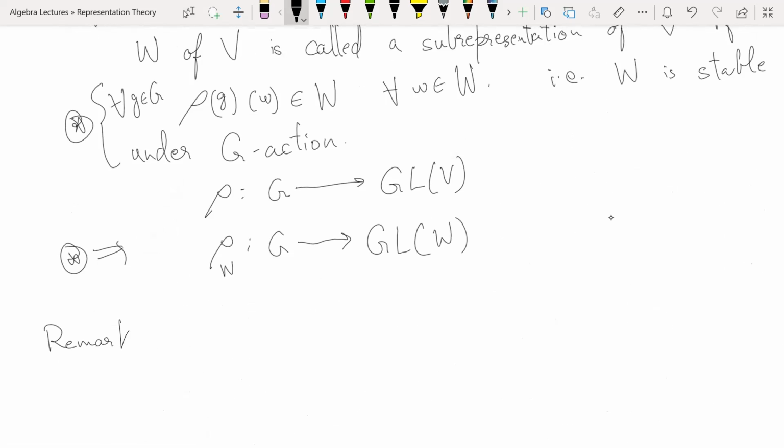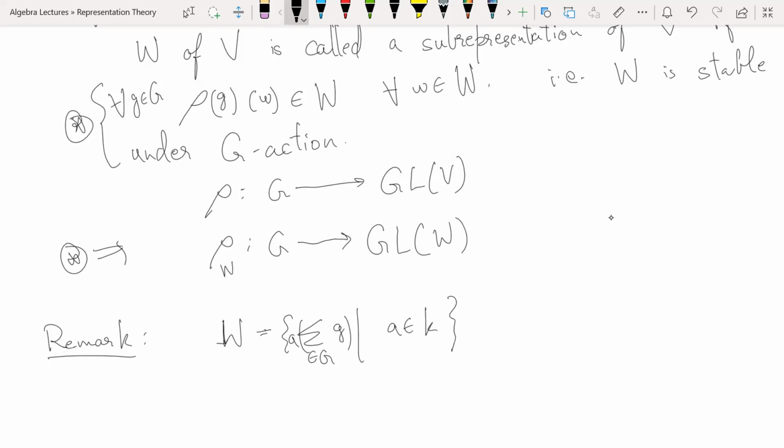So, remark maybe. Consider the subspace W to be A times summation G, for G in G, where A is in the base field K. This is of course a subspace.